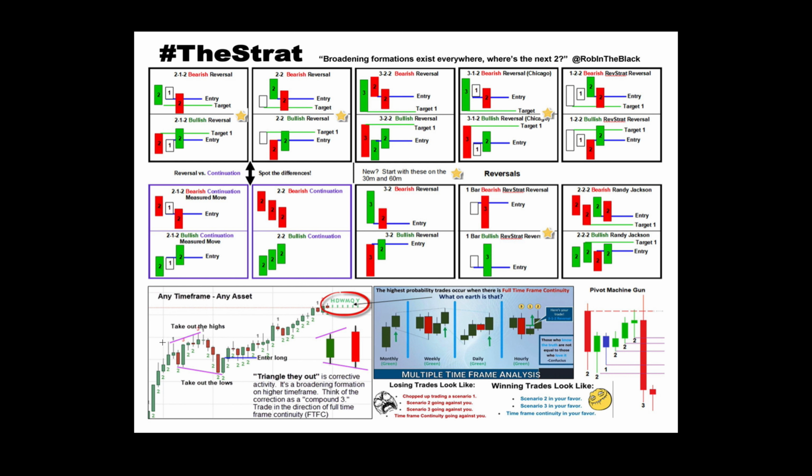One of the things that can help you with knowing where you want to exit on a continuation pattern are the broadening formations that the strat also utilizes. These lines are, basically, highs to higher highs and lows to lower lows. You extend those lines out, and you have a zone of where there's a high percentage chance of price going either in the upwards or downwards direction.